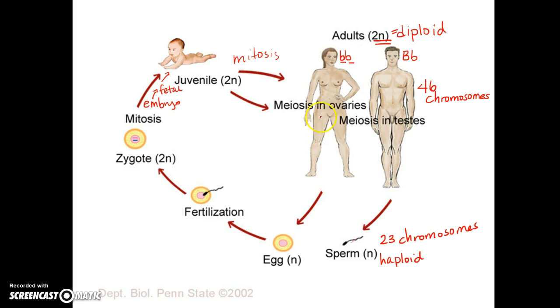Now one of the differences is that meiosis for women happens from the time she starts basically fetal development. So actually in a woman, meiosis is half completed before she's born.